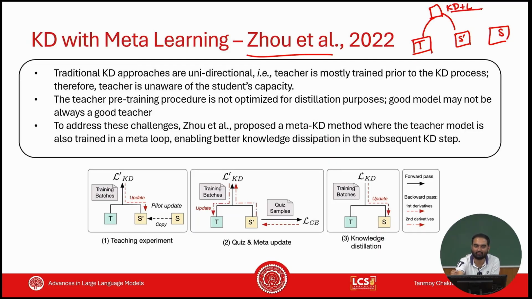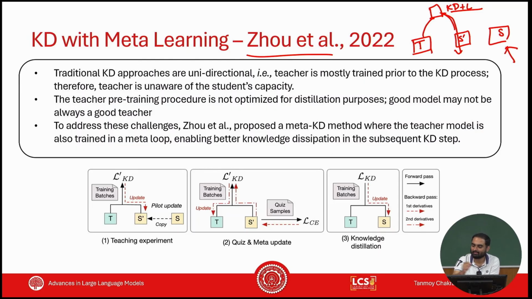You measure this KD and layer-wise KD, and this loss gets propagated only through this replicated student model. A simple KD approach, right? So far, the teacher doesn't know anything about the student. Only the replica of the student model gets updated. The actual student model is still untouched.